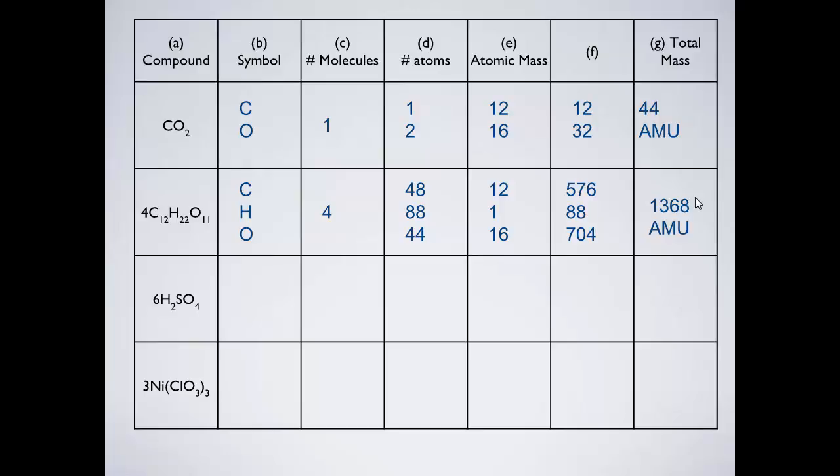All right, hydrogen sulfate. So what do we have, Taylor? What elements? H, S, and O: hydrogen, sulfur, oxygen. How many molecules of this? Six total. What's our total number of hydrogen atoms, Joey? 12.